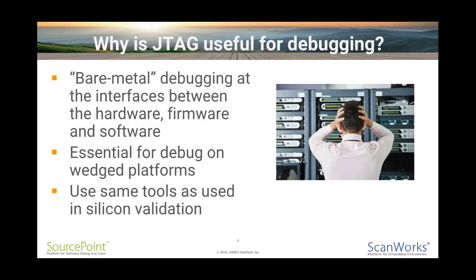An agent-based debugger becomes of limited utility at that point. And typically, because of its inherent nature, most of the silicon providers, Intel, ARM, AMD, all use JTAG as the access and control in early silicon validation before the firmware is even ready. So there's obviously some reuse and utility in being able to use the same control as what is used by your silicon supplier.